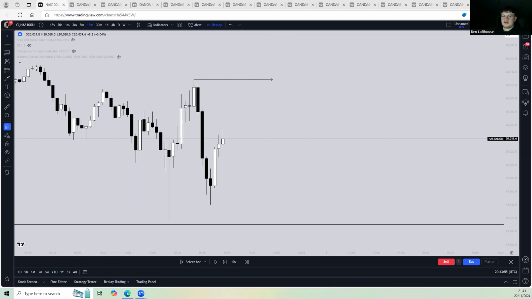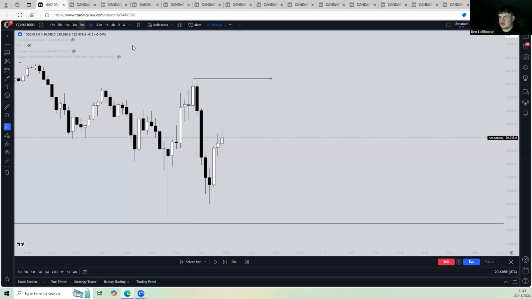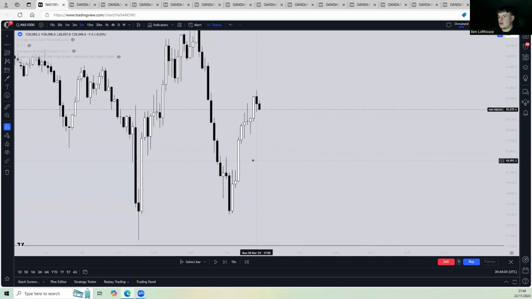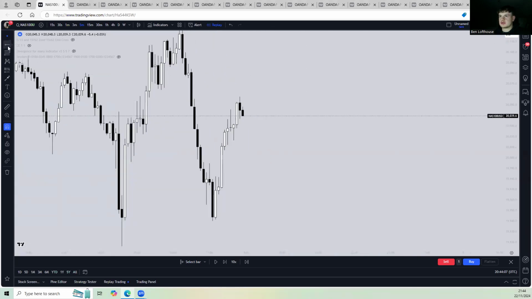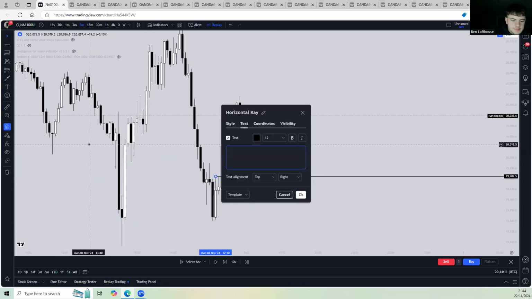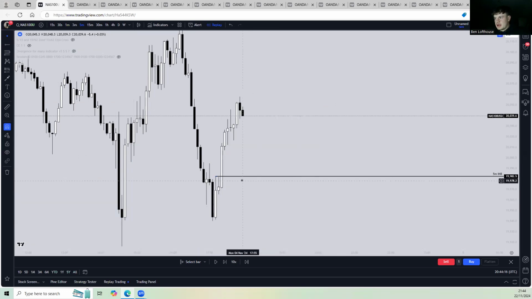So now that we've looked at the agenda, I jump down to the lower time frame, and this is when I'm looking for the 5 minute imbalance fills and the candles. So here there hasn't been any candles that have been left.